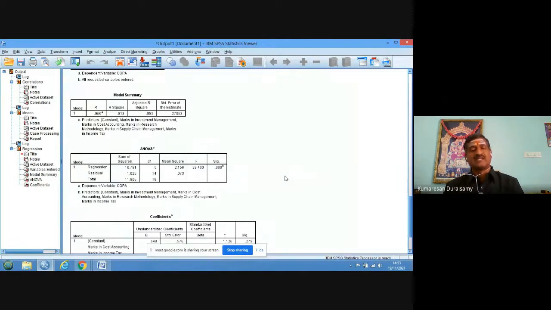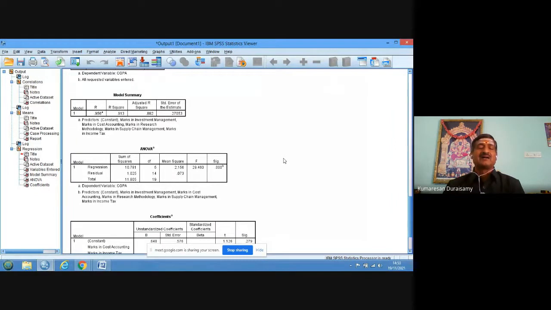Then ANOVA is also given along with the regression. ANOVA is also performed. Here look at the p-value. It is 0.000. Here we call the CGPA the dependent variable, and the independent variables are considered as predictors.